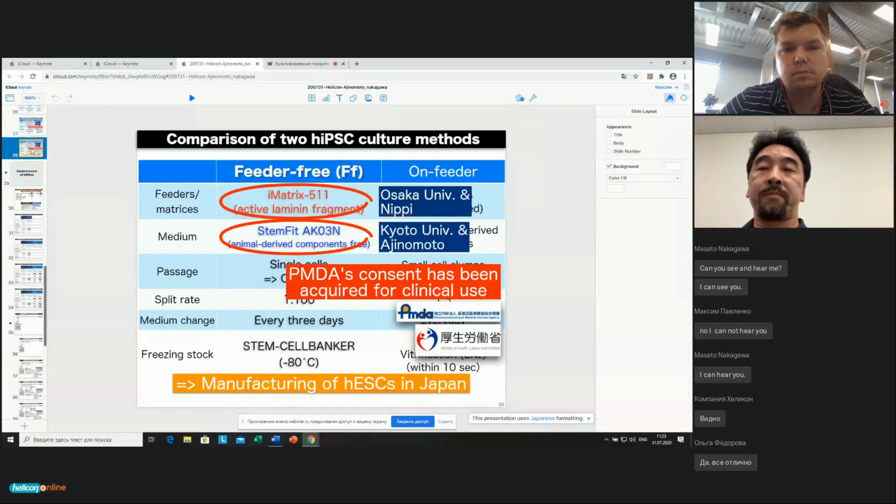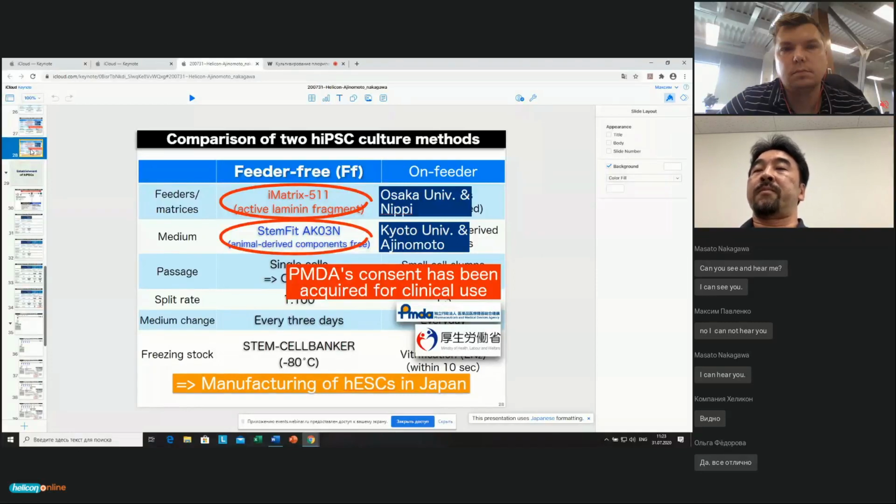Next slide, please. Using this novel feeder-free culture system with iMatrix and StemFit, in Japan, the Kyoto University group is now manufacturing clinical grade human ES cells, embryonic stem cells.